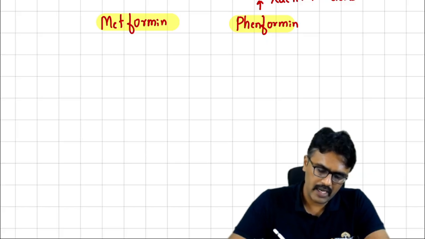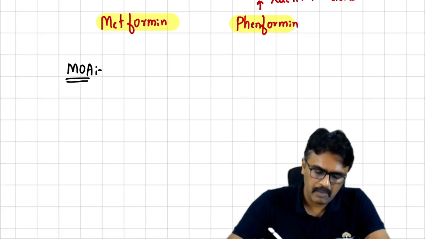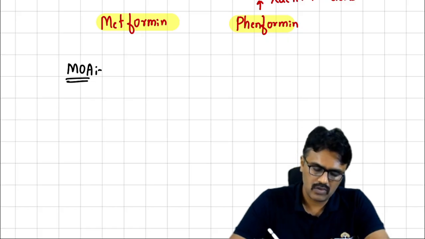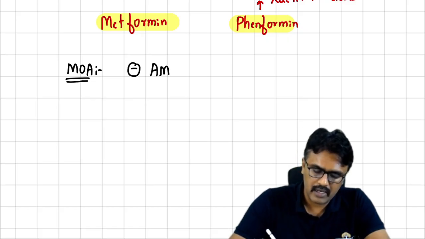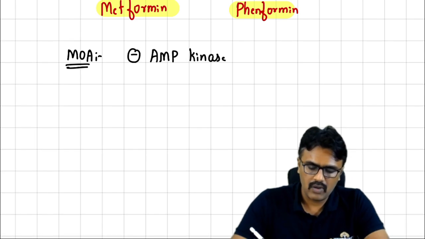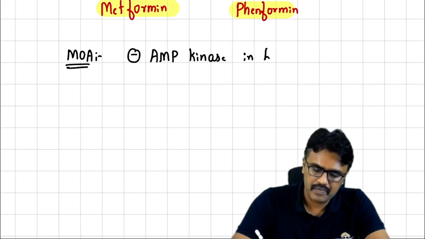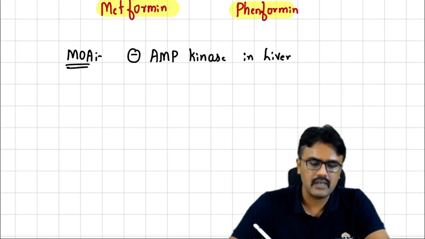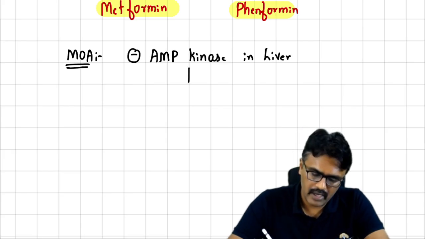Now what is the mechanism, how does it help in diabetes? Metformin is known to inhibit an enzyme called AMP kinase, particularly in the liver. And what happens when it inhibits AMP kinase?